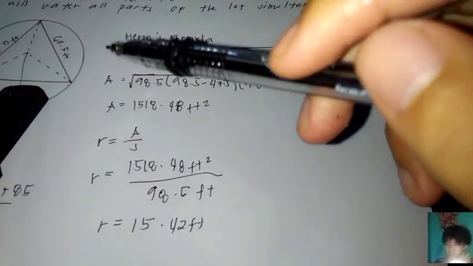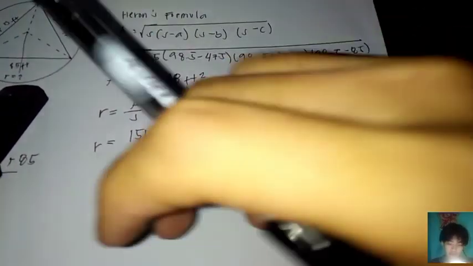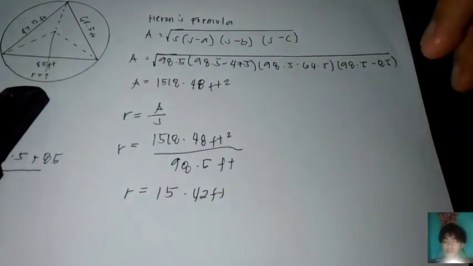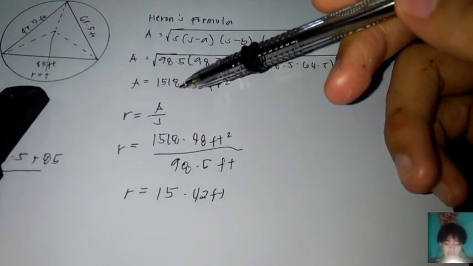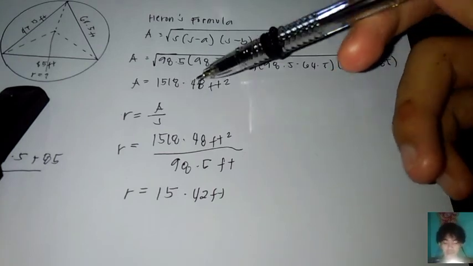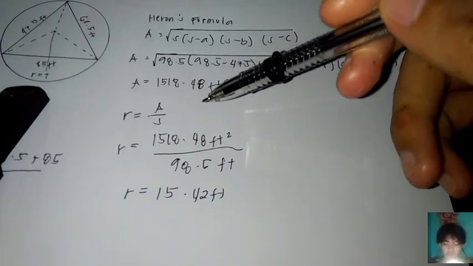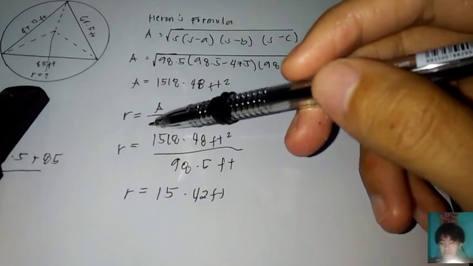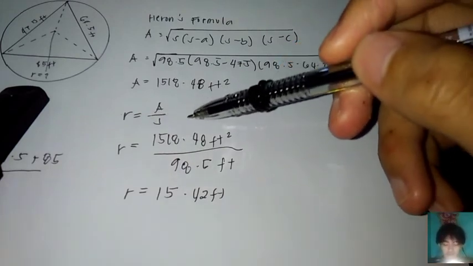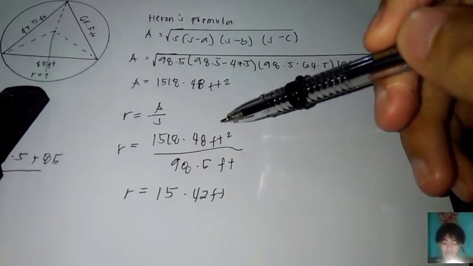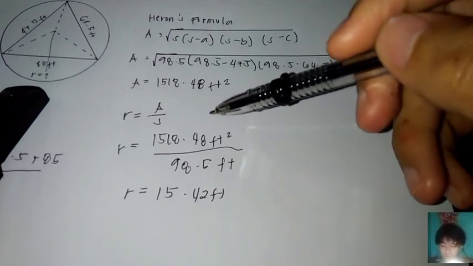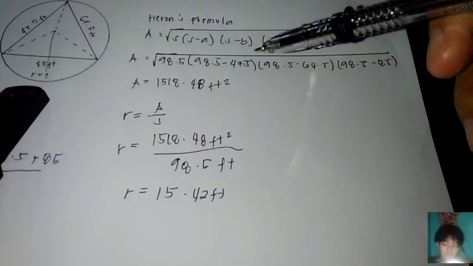So after we get the area, we need to find the radius. So our equation is area over semi-perimeter. So let's substitute the area and the semi-perimeter. Radius is equal to 1,518.48 feet squared over 98.5 feet.